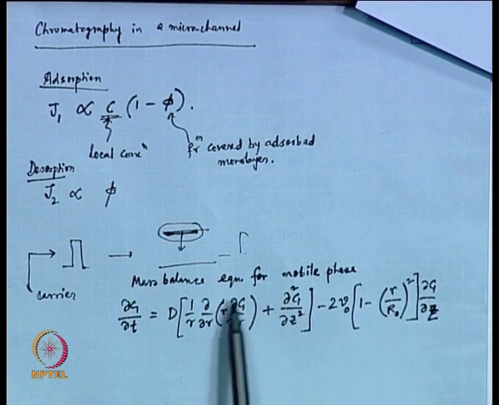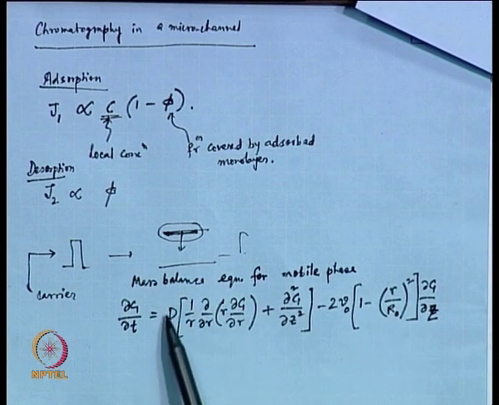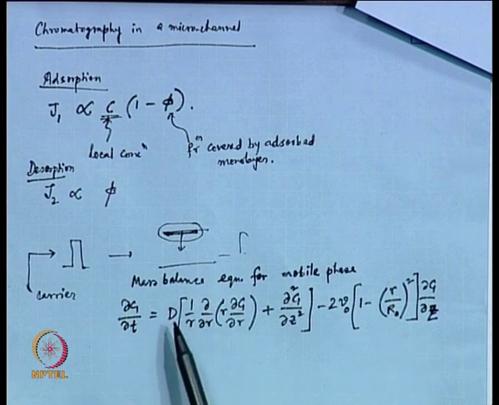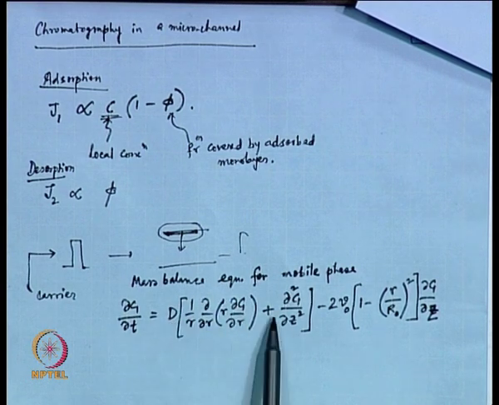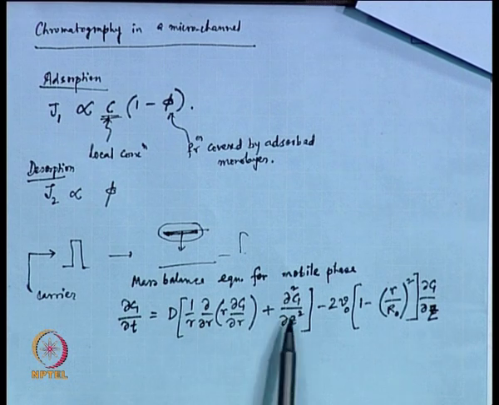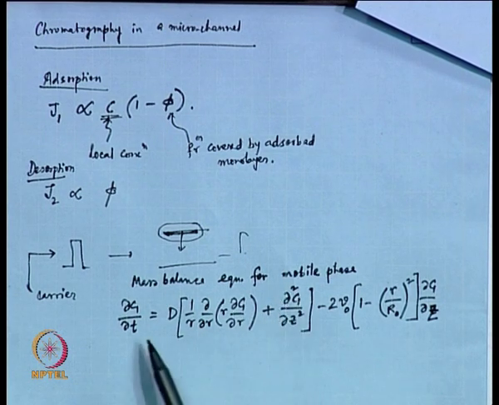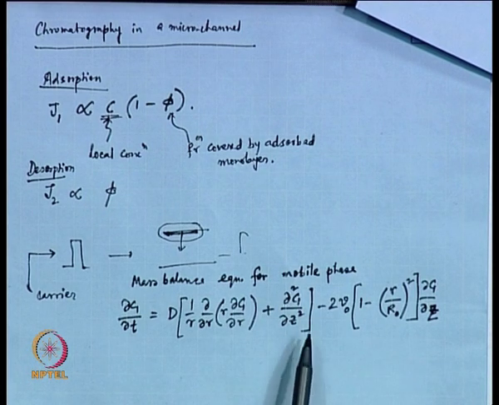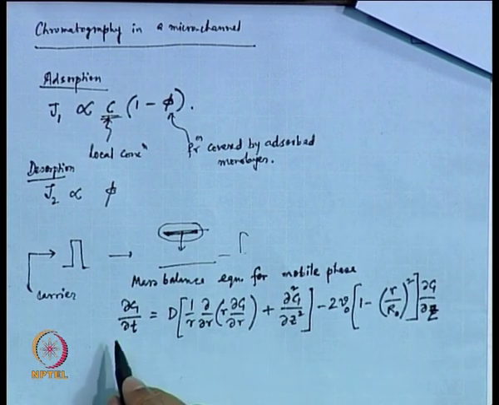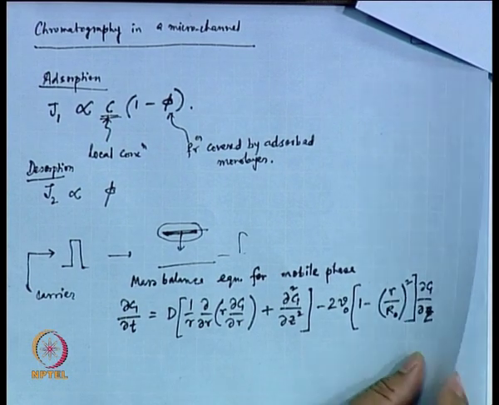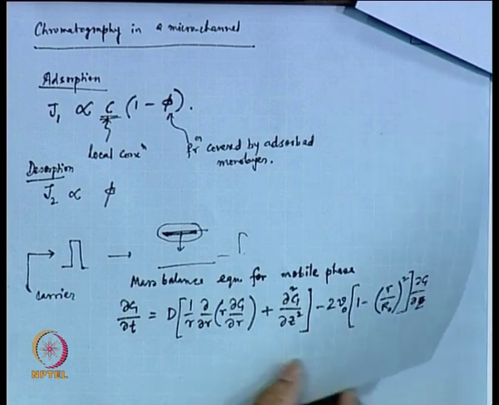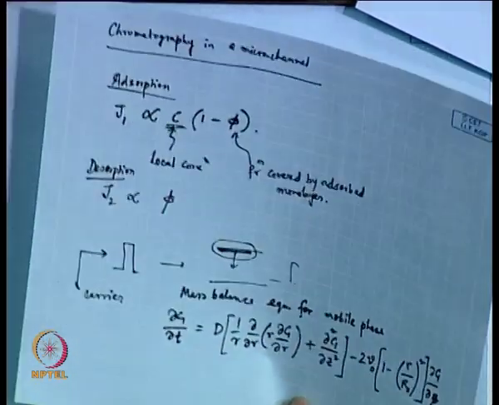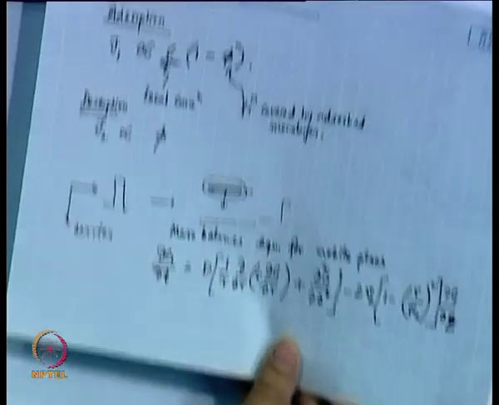This is the radial diffusion term, still there, D into this. Another term is additionally there, which is not there in the Taylor dispersion: D del square C1 del z square. This is due to axial diffusion. This is the governing equation that researchers have considered for chromatography. However, this is only for the mobile phase.